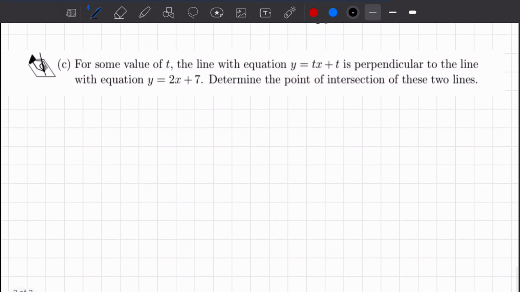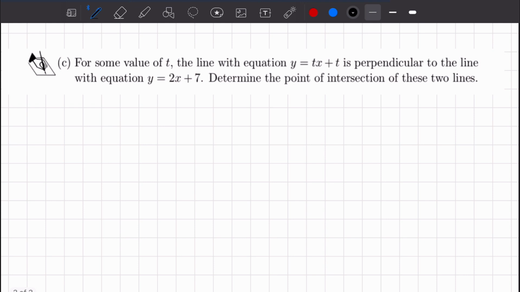And for the last part of question 2, the question is saying for some value of t, the line with equation y equals tx plus t is perpendicular to the line with the equation y equals 2x plus 7, and asking us to determine the point of intersection of these two lines. To solve this question, you have to know the fundamentals of two lines being perpendicular.